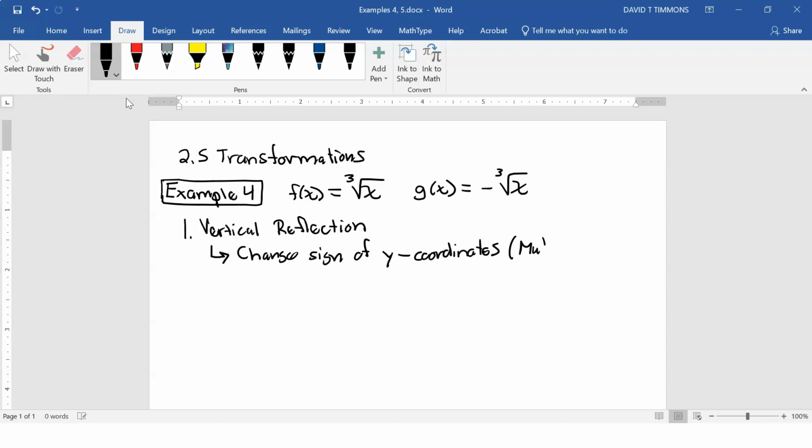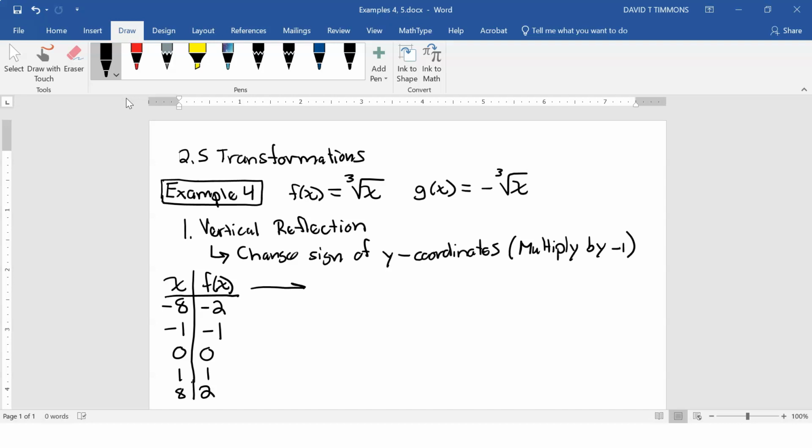You can also consider that the same as multiply by minus 1. So let's come up with the base points of our function, x and f of x. And this will be minus 8, minus 2, minus 1, minus 1, 0, 0, 1, 1, and 8, 2. Again, this is the cube root function.